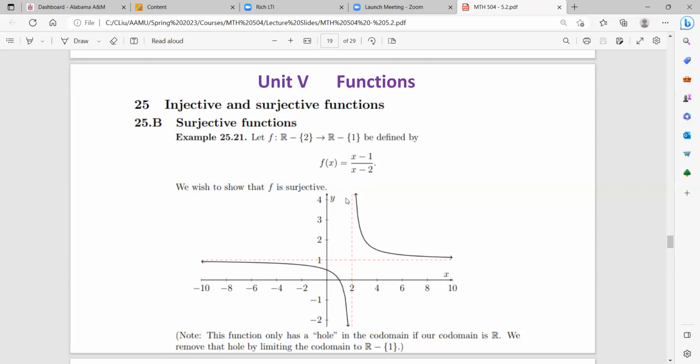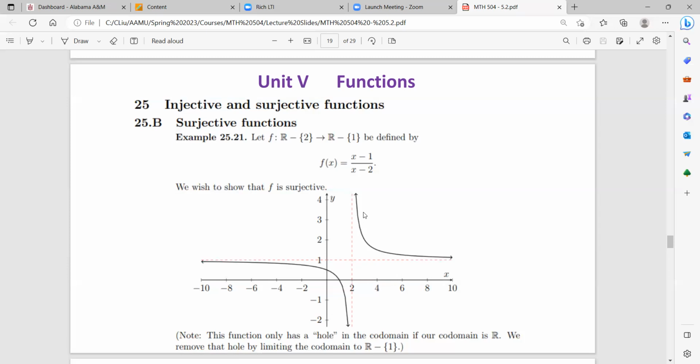And if you draw a graph of this function, it includes two branches. One on the upper right, above the horizontal line y equal to 1, on the right side of x equal to 2, and one branch on the lower left, below the horizontal line 1, and on the left of the vertical line 2.